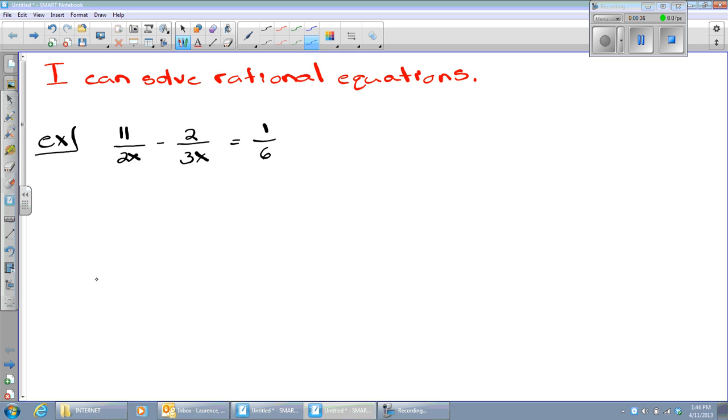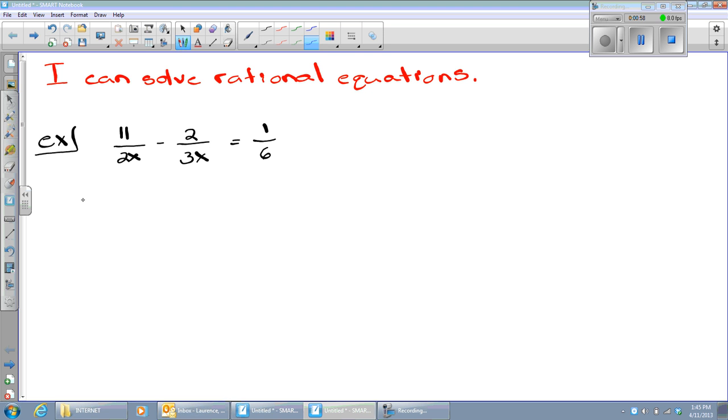Okay, so our first example we have 11 over 2x minus 2 over 3x equals 1/6. The first thing we need to do is find the common denominator. Our common denominator is 6x, and all I did was multiply 2x by 3x and 3x by 2x.